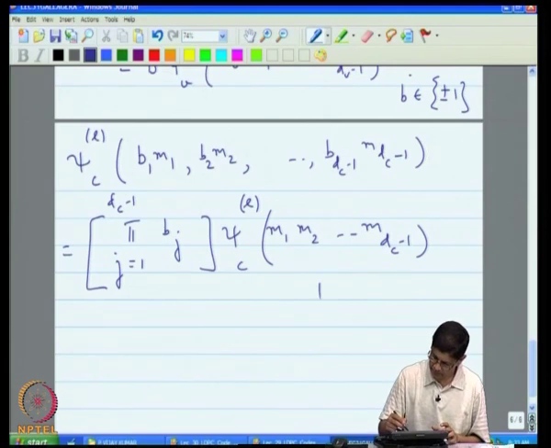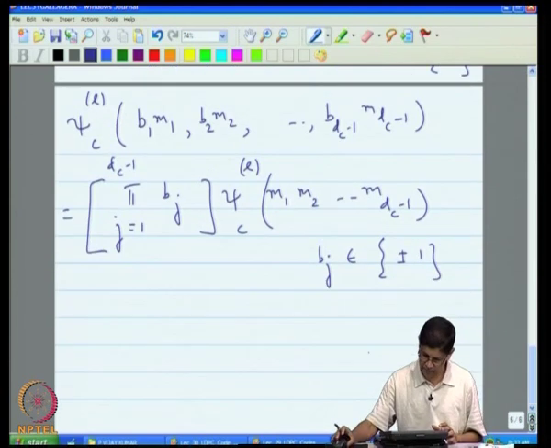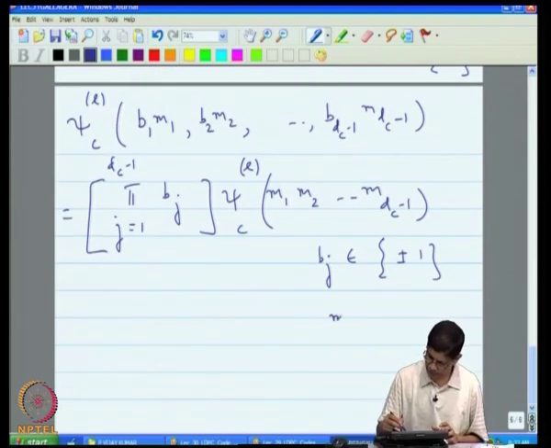And again these b sub j are either plus or minus 1, and of course the m j are drawn from the message alphabet.